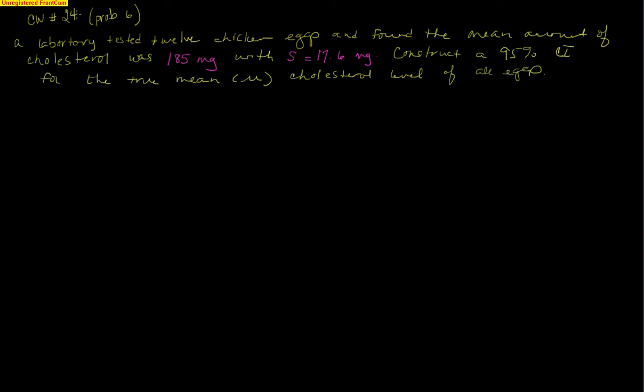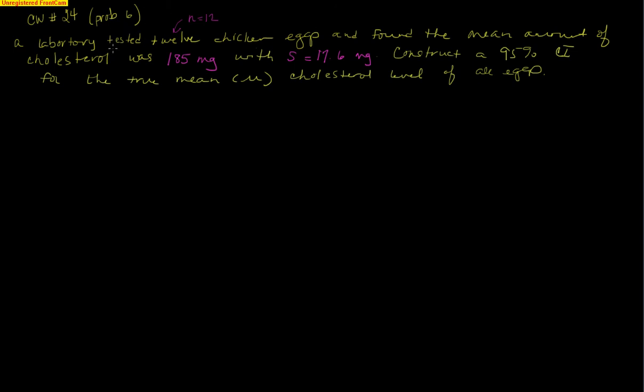Let's say what the question says is, we have a laboratory that tested 12 chicken eggs, and found the mean amount of cholesterol for that sample of 12 eggs, so n equals 12, that's the number of eggs that we took in our sample.